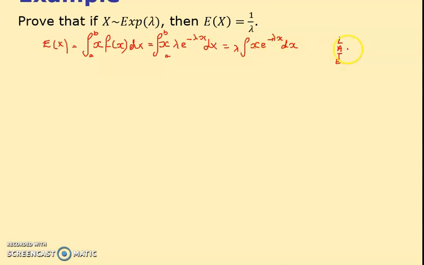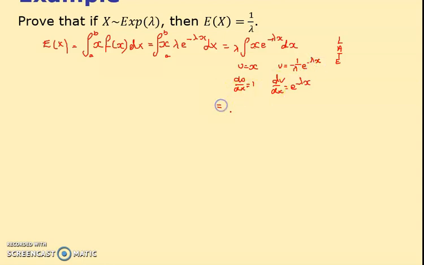You can see my algebraic term is the higher one up. So my u is going to be x, and my dv by dx is going to be e to the minus lambda x. My du by dx therefore is equal to 1, and my v, you may recall how to do this, is minus 1 over lambda e to the minus lambda x.